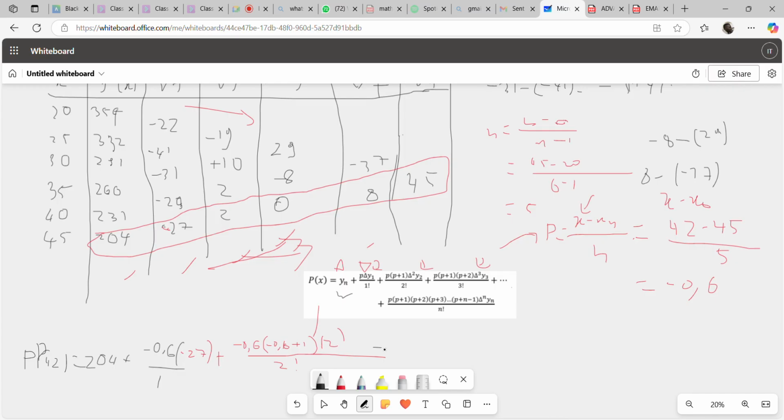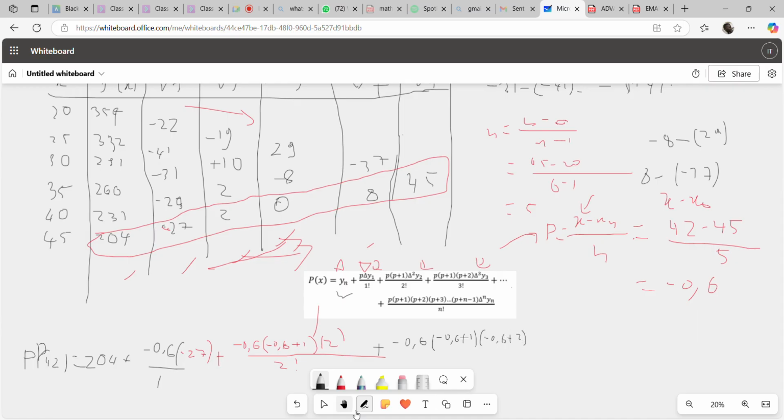Now, the following expression is plus P is minus 0,6 multiplied by minus 0,6 plus 1 multiplied by minus 0,6 plus 2.